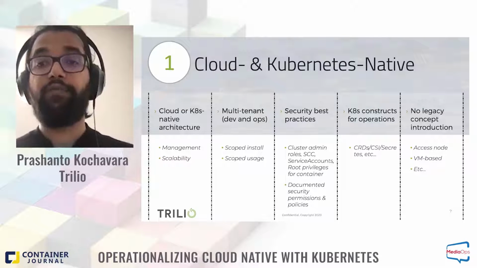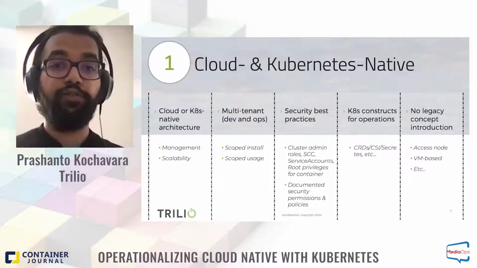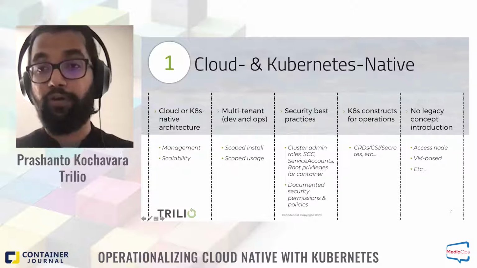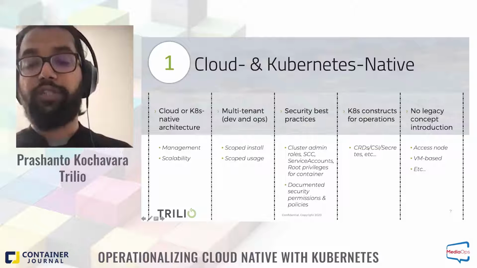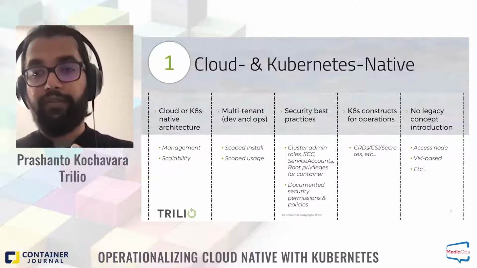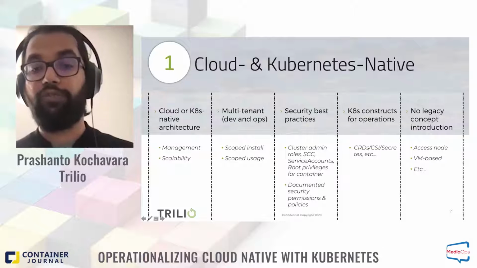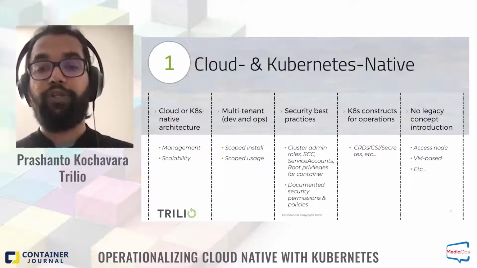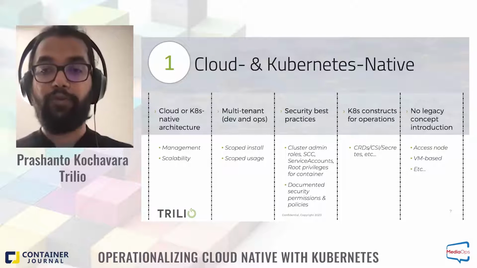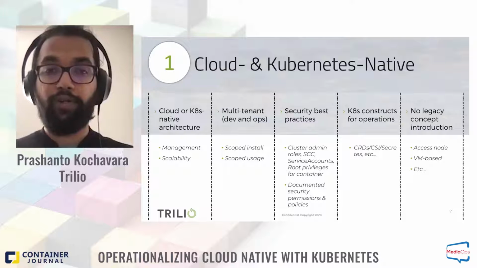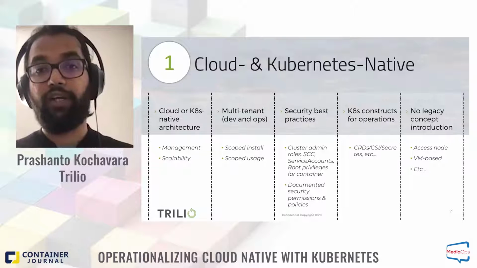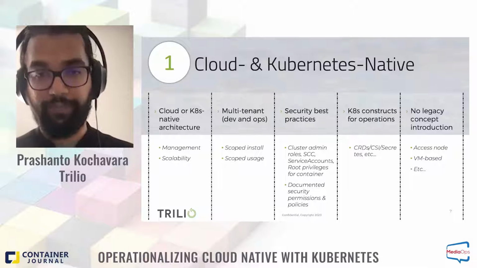And then finally, we want to make sure that the solution we deploy does not use any legacy concepts, because every time you use a legacy concept like a VM based technology or some kind of an access node, it's going to throw you back and cause that single point of bottleneck, which is going to affect your cloud native or your modernization journey.